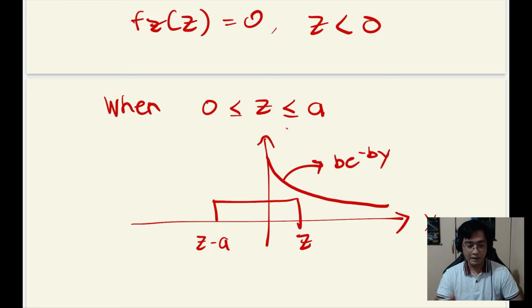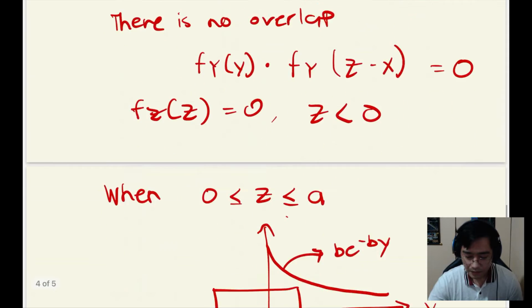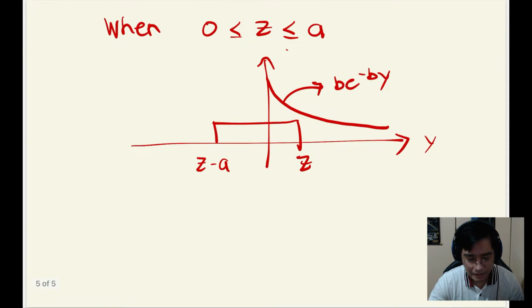That is always the case: the original is 0 to a, and we just add the amount of shift, z. When z is between 0 and a, this right edge now penetrates the exponential, but this left edge is still not coinciding with this edge. Can you imagine it? That is the case wherein the amount of shift is between 0 and a.